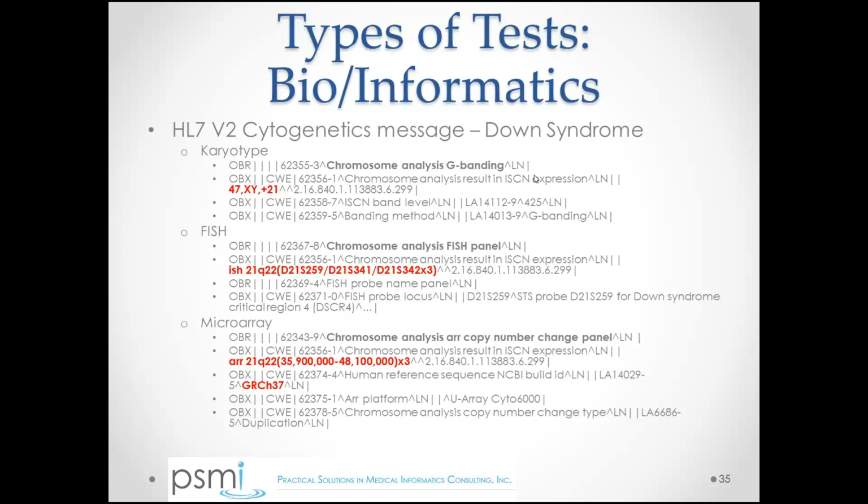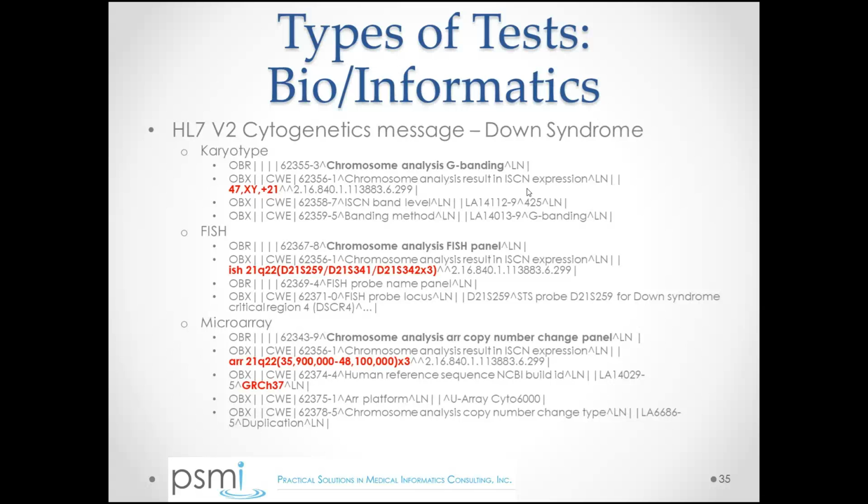ISCN really was designed from the top down, and HGVS was designed from the bottom up. HGVS was really designed to communicate molecular results, and ISCN was really designed to communicate the more macroscopic results. They're meeting in the middle because a lot of these tests that previously had been communicated using ISCN syntax are now able to be performed using molecular DNA techniques. And so ISCN and HGVS are working on collaborating going forward.